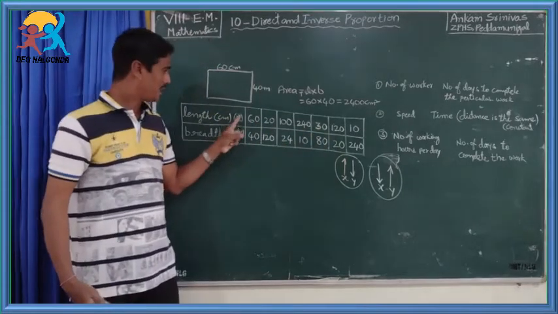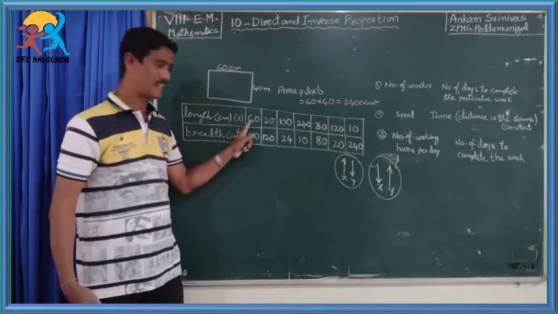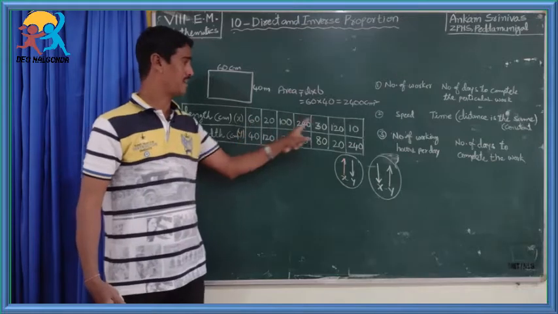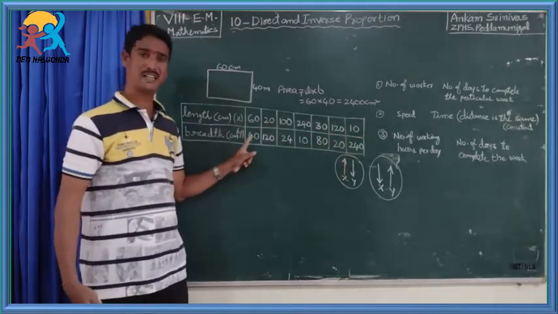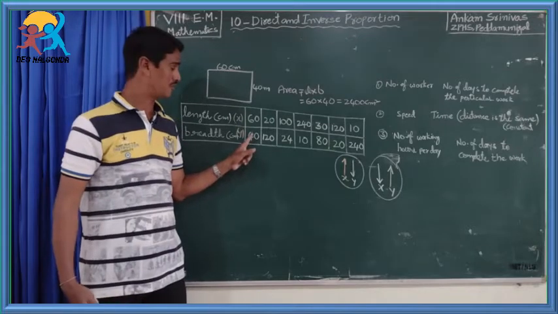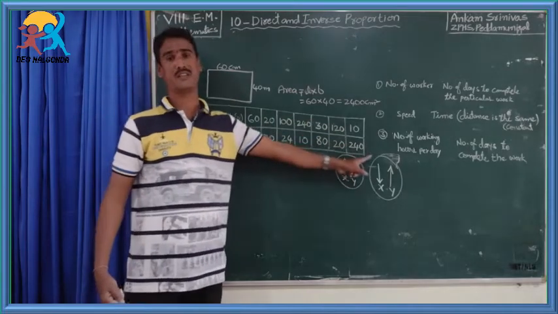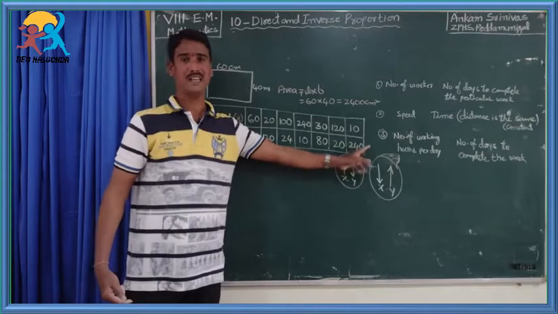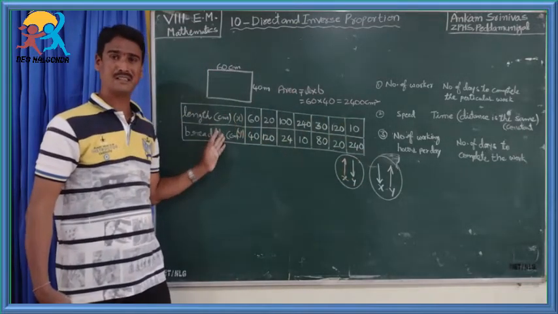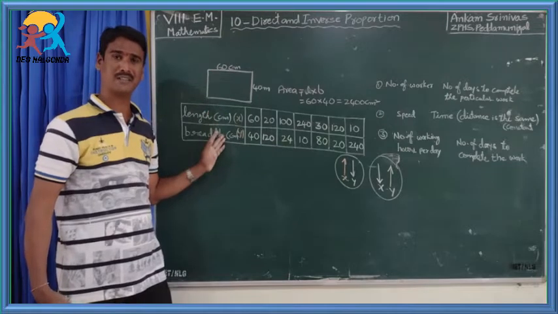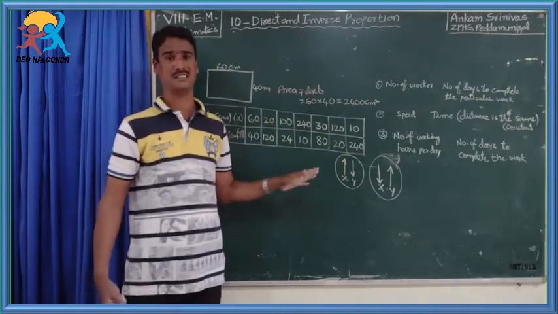If I decrease the length of the rectangle from 60 centimeters to 10 centimeters, then the breadth of the rectangle increases from 40 centimeters to 240 centimeters. Here the product of length and breadth, that means the area, is constant.